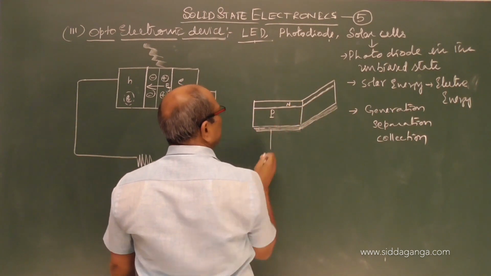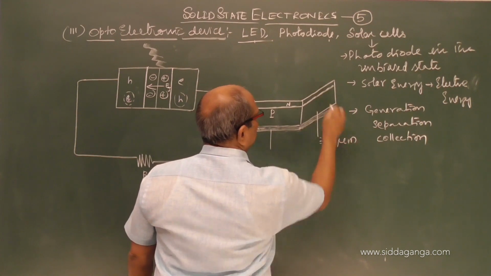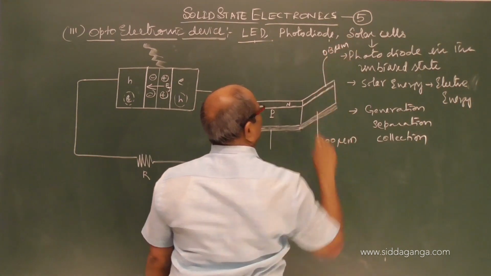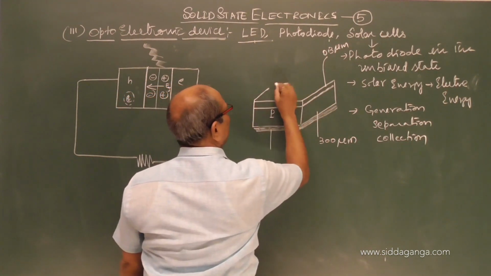This is the junction. The P region is around 300 micrometer thickness, whereas the N region is around 0.3 micrometer thickness. A very thin layer is formed. I hope you understood why it is so.